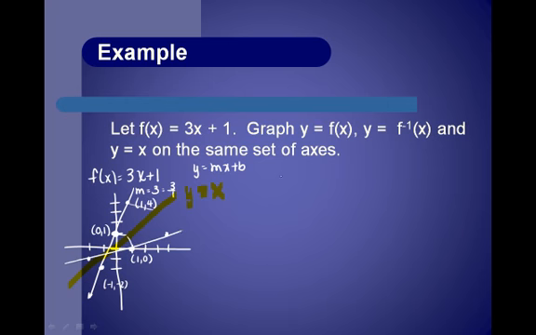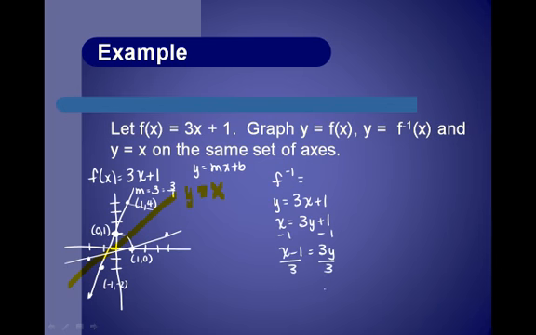We could also just find f inverse, which means we're going to take y equals 3x plus 1, switch the x and y, so we get x equals 3y plus 1. Subtract 1, so x minus 1 equals 3y.